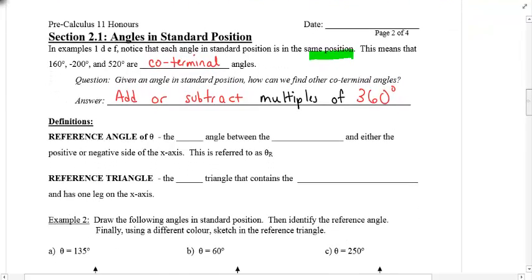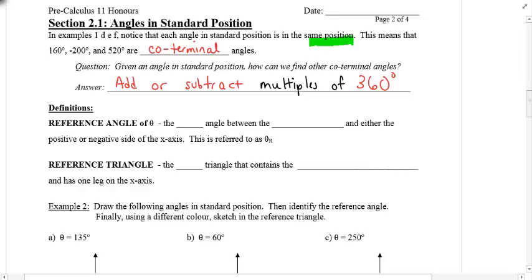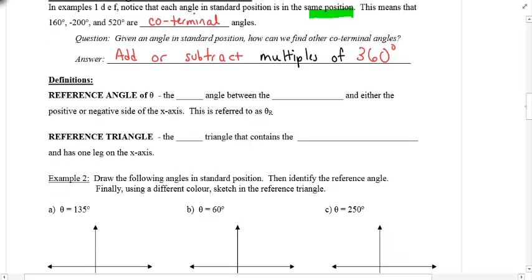All right. One more definition here, and then we'll be able to tackle some additional questions. So another thing you need to understand, and this is very important for our next section of studies and for Math 12, so make sure you know this stuff about reference angle really well. The reference angle of theta, that is the acute.